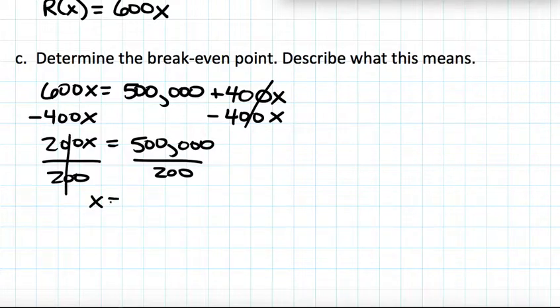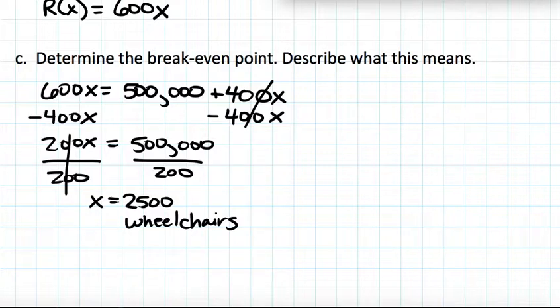That gives me X equals 2,500 wheelchairs. Remember, X is number of products. So this means that I need to make and sell 2,500 wheelchairs in order for my business to break even.